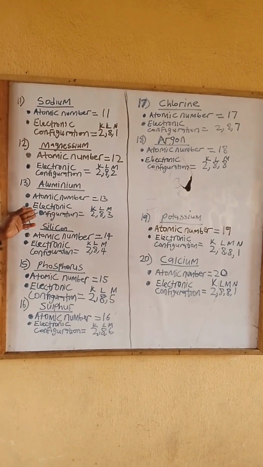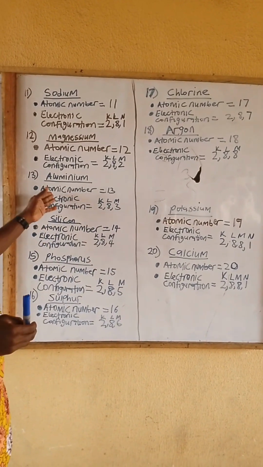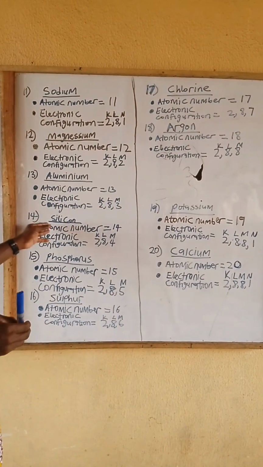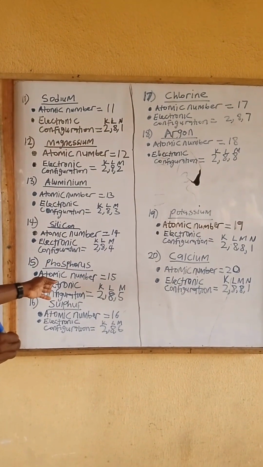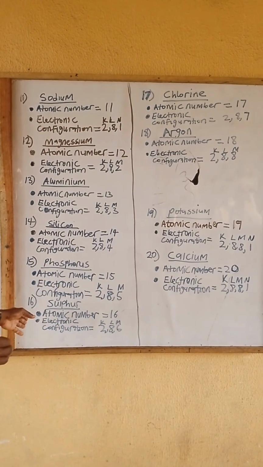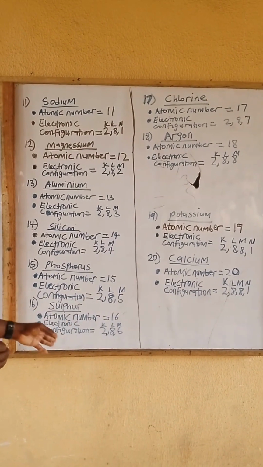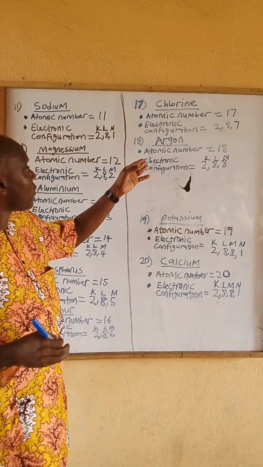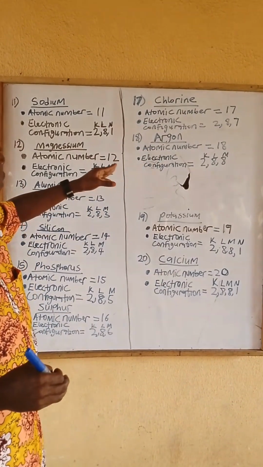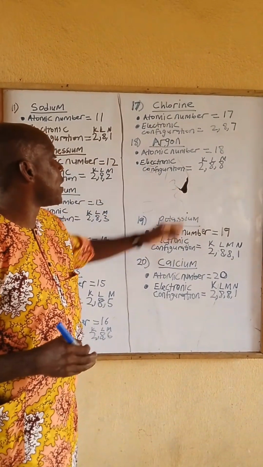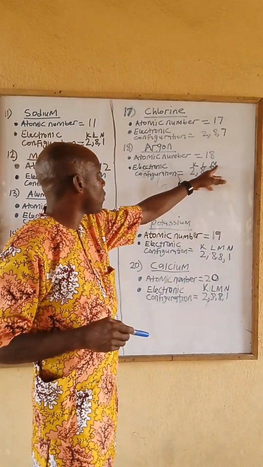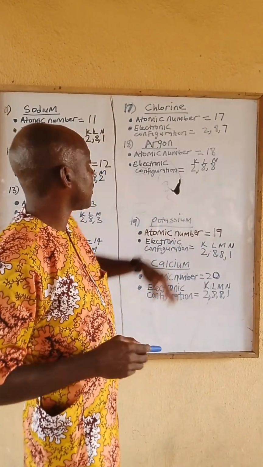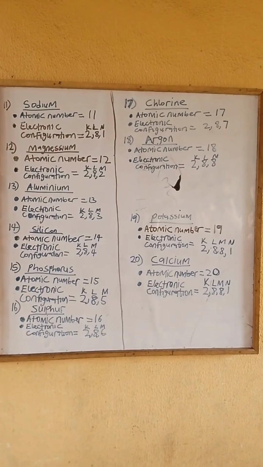So that will go to aluminum, atomic number 13, 2, 8, 3; silicon, atomic number 14, 2, 8, 4; phosphorus, atomic number 15, 2, 8, 5; sulfur, atomic number 16, 2, 8, 6; chlorine, atomic number 17, 2, 8, 7; argon, atomic number 18, 2, 8, 8. Like I said before, we have exhausted the maximum number of electrons that particular shell can occupy, which is 8.